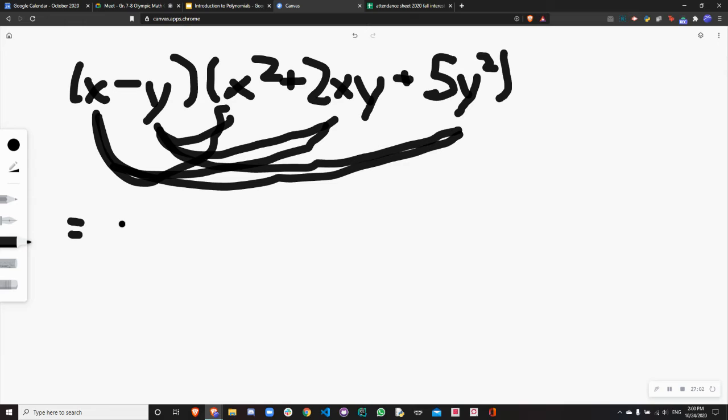Right. And let's expand it over here. So can someone tell me what x times x squared is equal to? Yep, x cubed. How about x times 2xy? Yep. I usually just put in alphabetical order, so 2x squared y is also good.